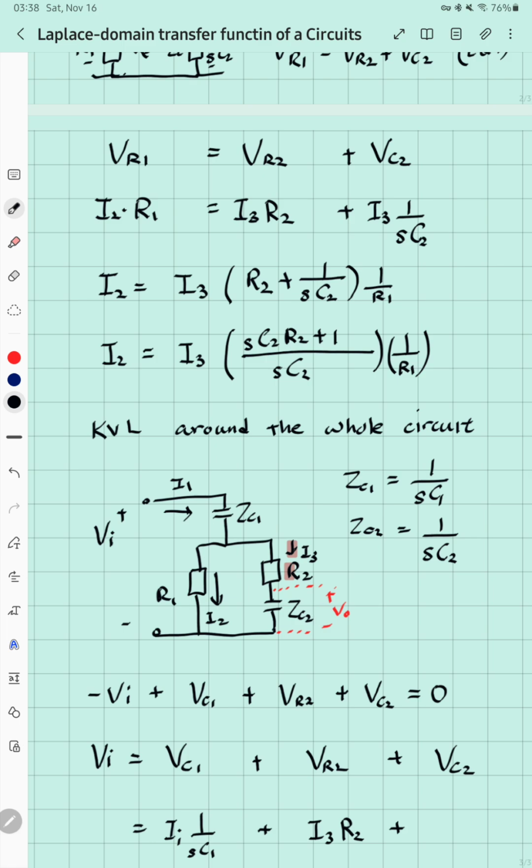I mean that's I3, and then the impedance of capacitor 2 is this.